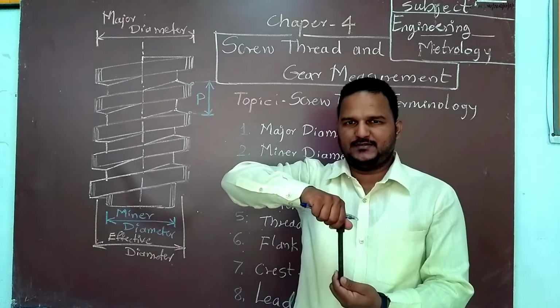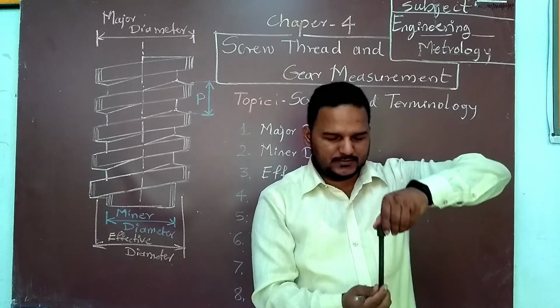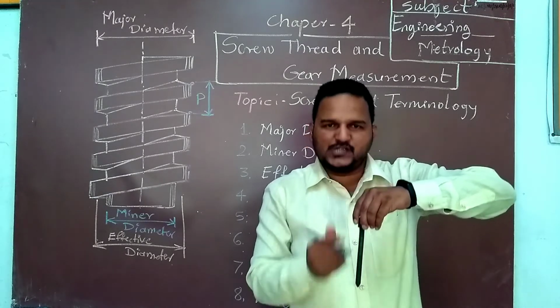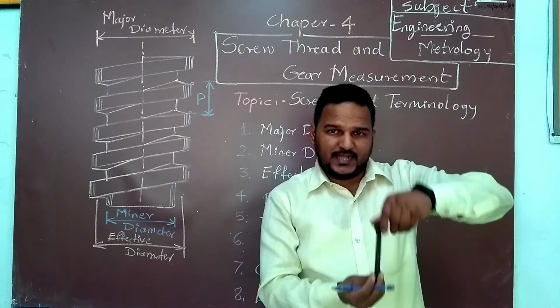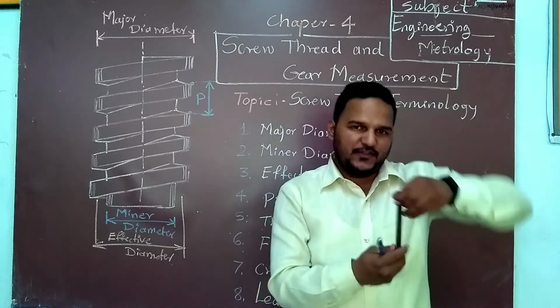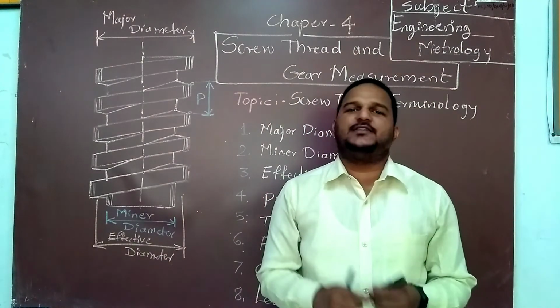So it is right hand threads. But when you rotate clockwise and that point moves towards the observer, that means even if you are rotating it in the tightening manner, still the screw will come out, even if you are rotating it in the clockwise direction. So that is left hand threads.